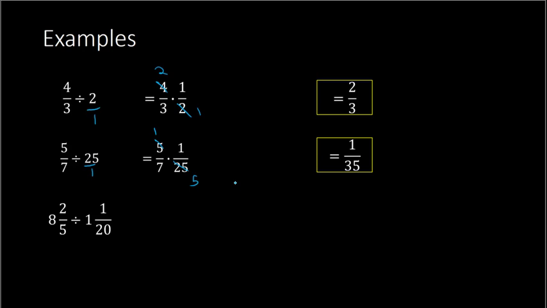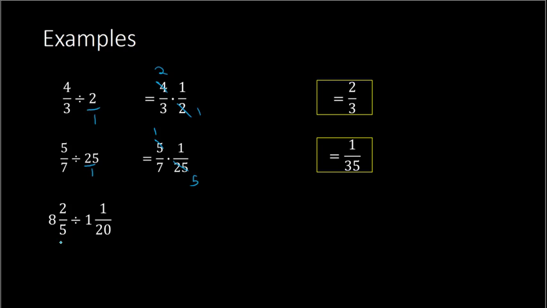Now to finish off, if we have mixed numbers, same exact concept, but the only thing different here is we want to first convert both of the mixed numbers to improper fractions. So make sure you remember how to do that, and the process for doing that.